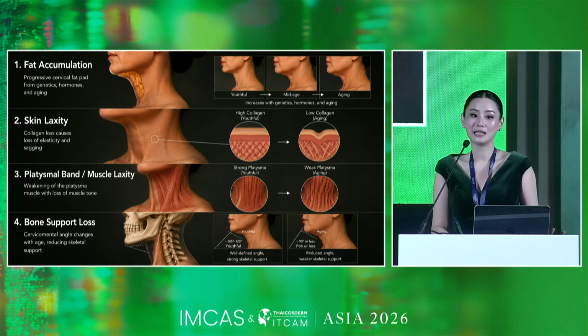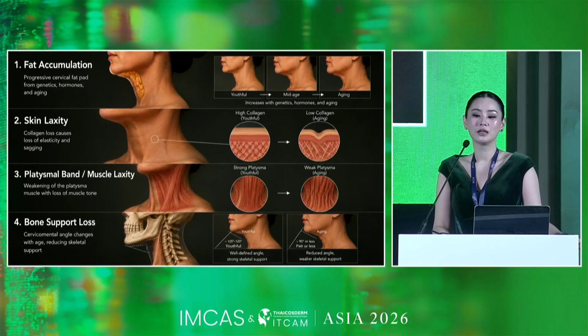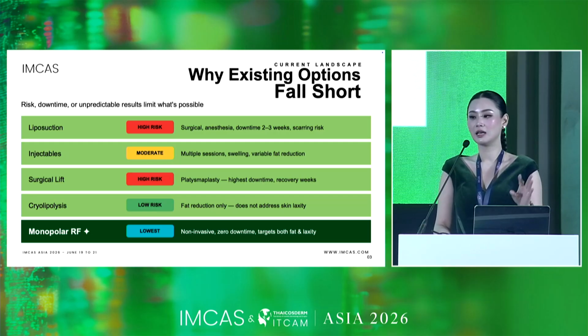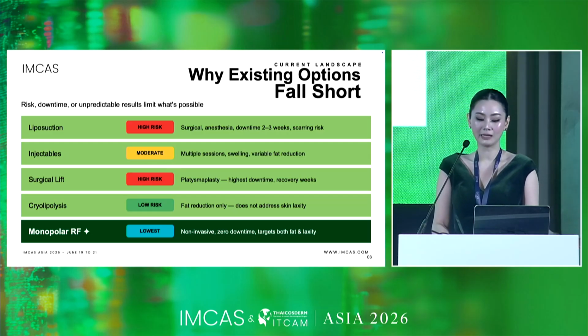When we look at this area, several layers have changed: fat accumulation, skin laxity, muscle laxity, and bone support loss. Treating fat alone is not enough. And although we have several options to treat this area, each has limitations. Surgery may be very effective, but it's high risk and you need a prolonged recovery time.